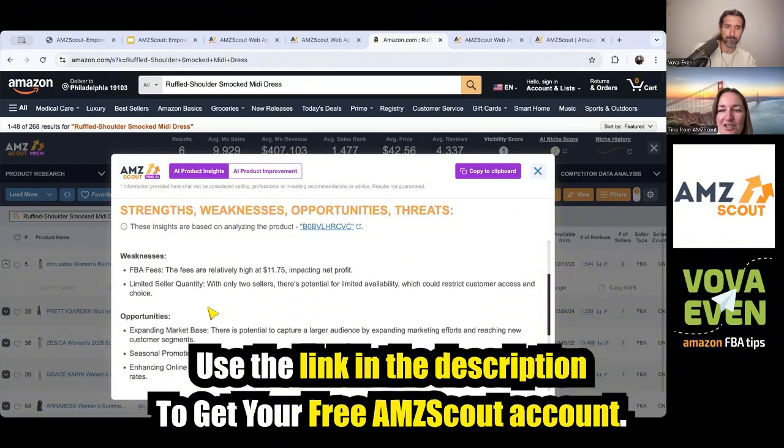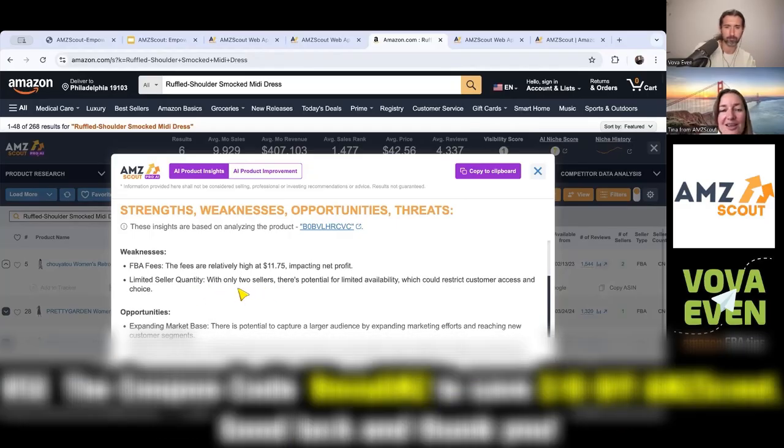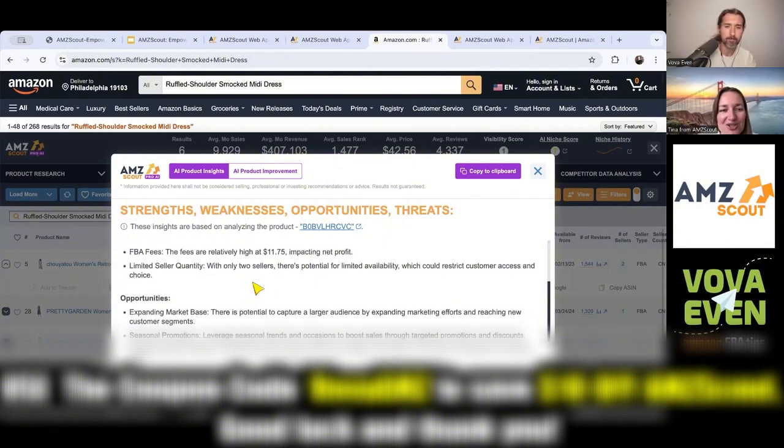It also has weaknesses, like the FBA fees are relatively high, I guess, especially for the price. It has a limited seller quantity with only 2 sellers. Okay, only 2 sellers sell the dress. So if it's popular and sellers will be out of inventory, out of stock, it could be a problem. But I don't think that's a real weakness if they have their stocks full.